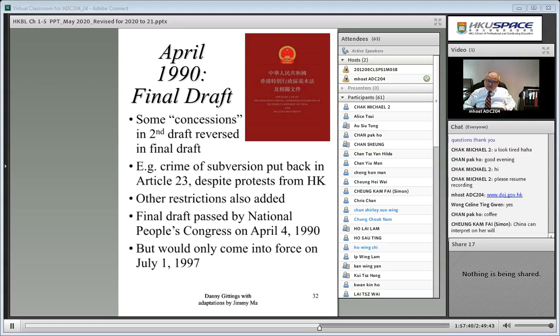But this subject was particularly sensitive in 1989 after the June 4th event. But come 1990, the authorities obviously considered it necessary to put back the crime of subversion into Article 23.